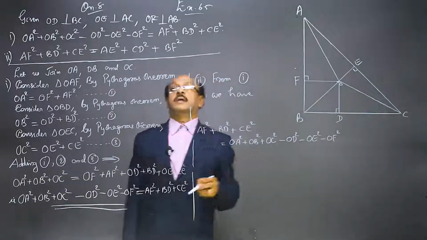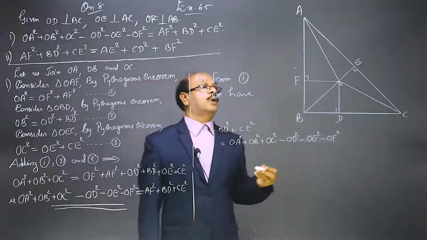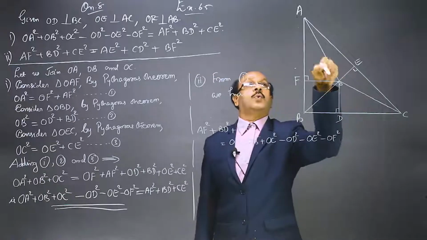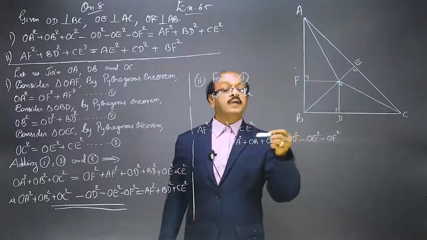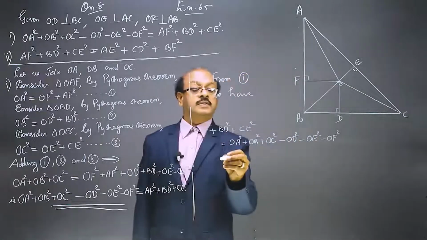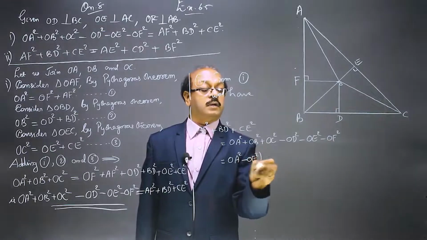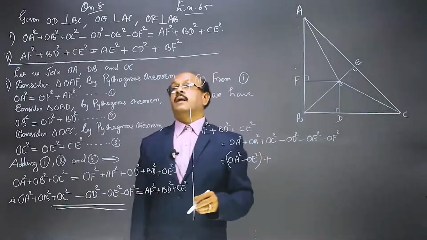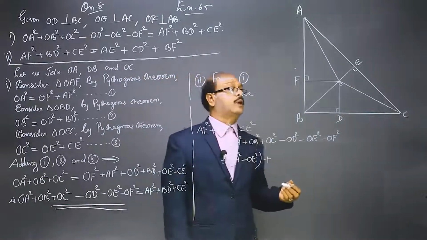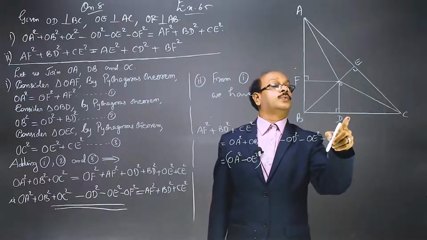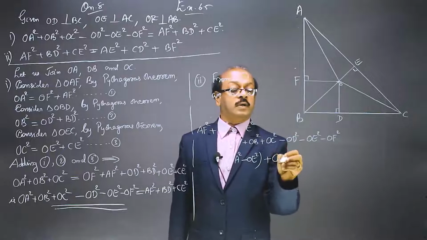Now, look into the result. We want AE square on the right side. What is AE square? AE square is equal to OA square minus OE square. So, rearrange the terms on the RHS. Then CD square is equal to OC square minus OD square.